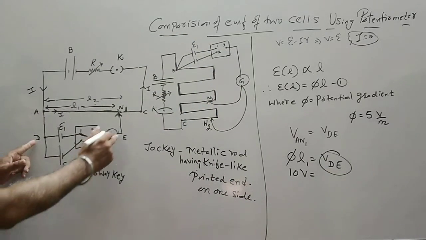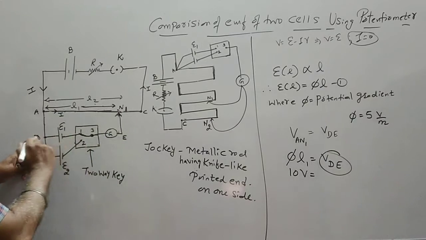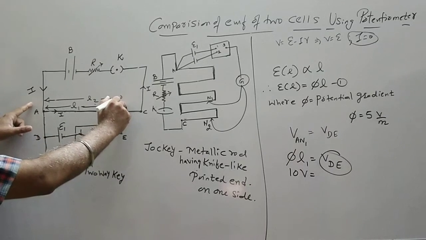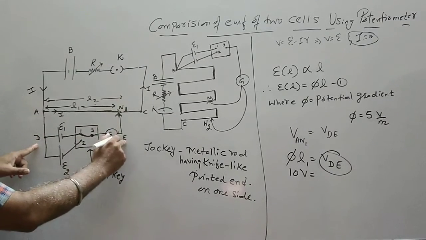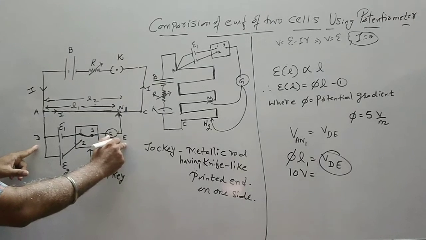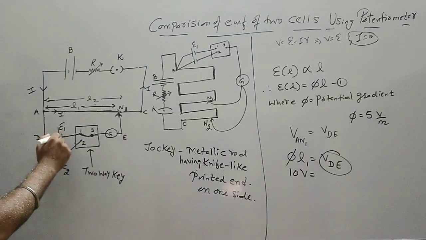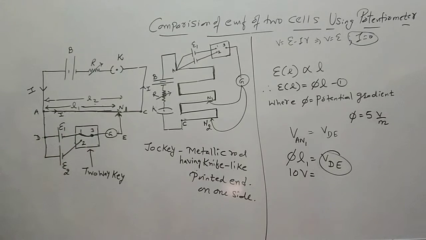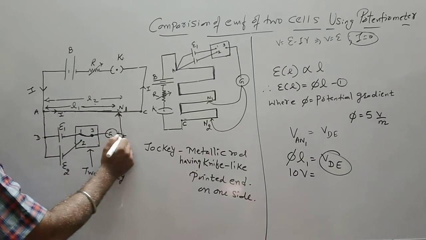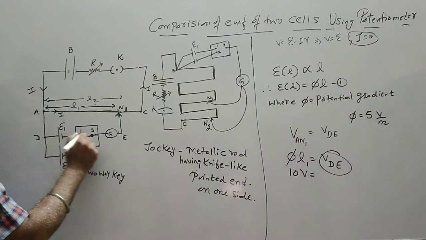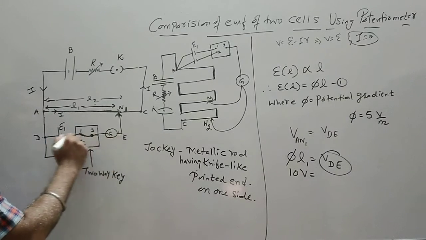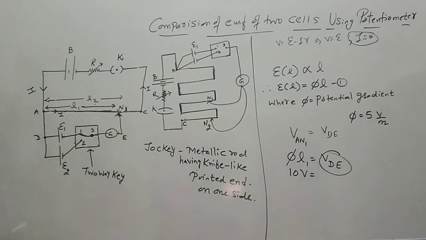no current is flowing through this end, no current is flowing in this line. So whatever is the potential difference of this, it should be the potential difference of this. Now what is the potential difference of this? This D is connected to the positive terminal of E1 and E is connected to the negative terminal. We assume that galvanometer have negligible resistance.